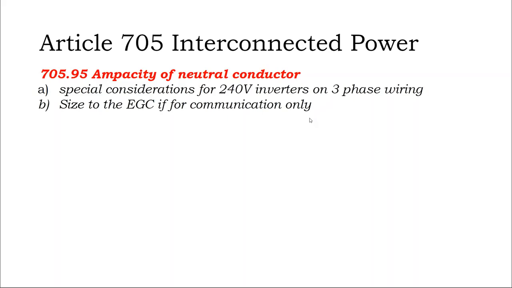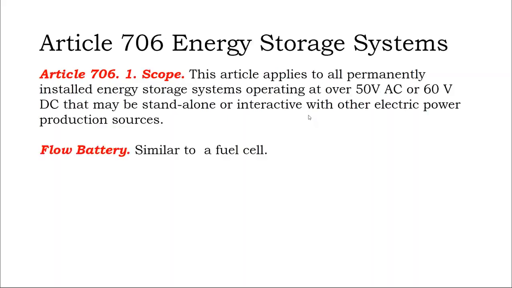I think that's what it is. Just know there's a special exception there. Or there's another exception that says if the neutral isn't needed by the inverter to function, then you can just size it to be the equipment ground conductor size. We kind of talked about that in the early part of class.